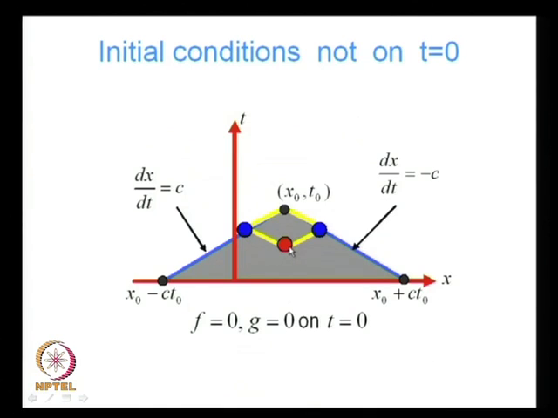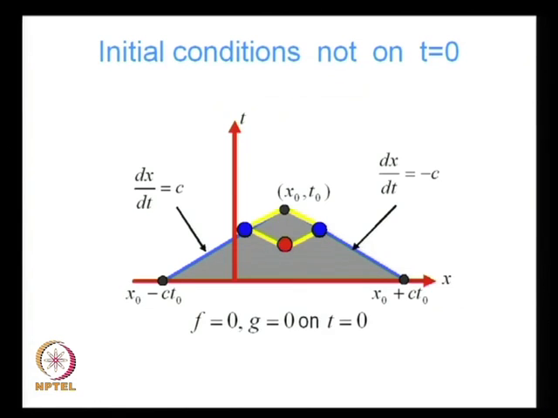So, the disturbance here affects the solution here, and that affects the solution here, because it is passing through the same characteristic line. But the net path from here to here must be traversable within time t0.